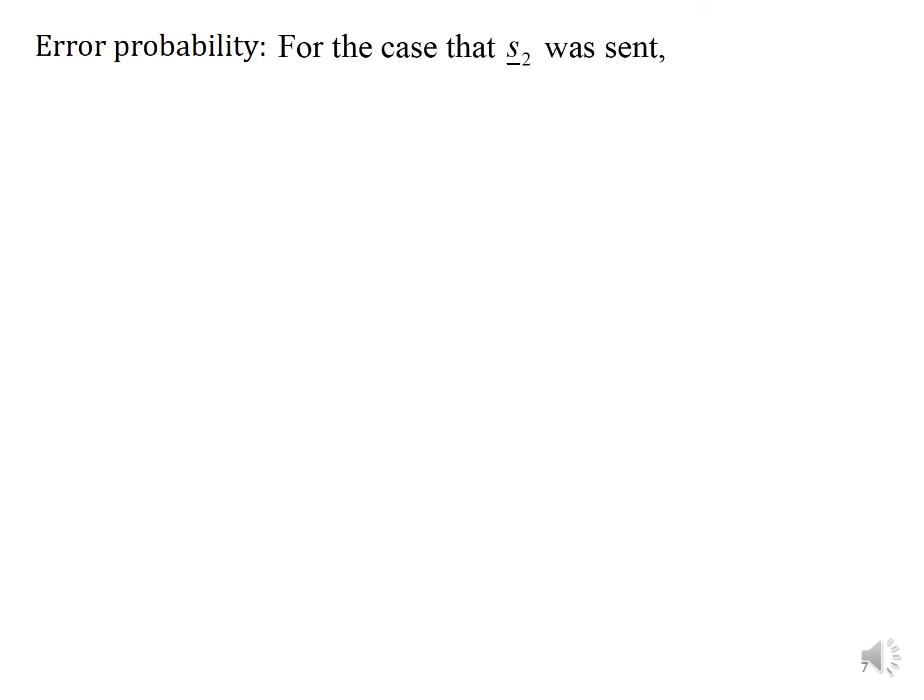Okay, so we have the MAP detector for binary orthogonal signals. The next question is what the error probability would be if the MAP detector is applied to this binary orthogonal signal.